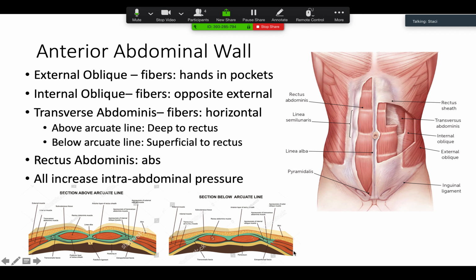And that's a really important concept to know. So above that line, transverse is deep, and then below the line, it's superficial. And then rectus abdominis is our abdominal muscles, our abs. So it does flexion of the abdomen. And all of these abdominal wall muscles increase intra-abdominal pressure.